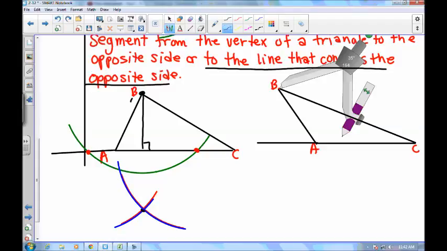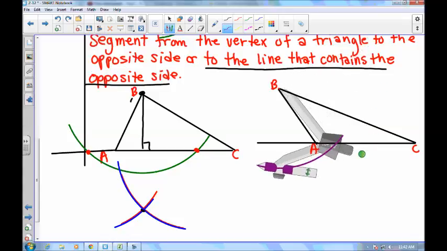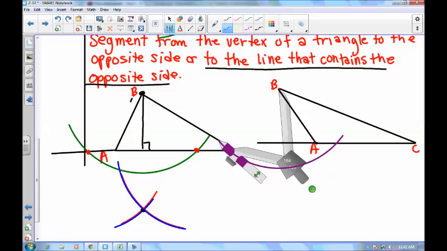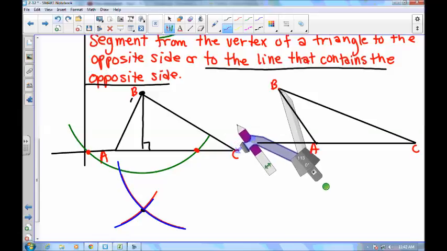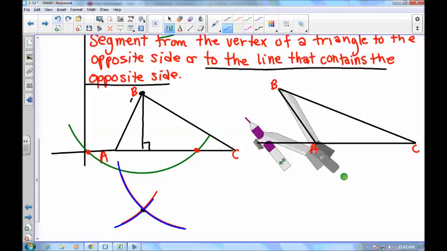Our opposite side is AC, and we've extended it, which is fine. Well, I totally missed mine. I guess maybe I should make it a little smaller. Or I need to extend my line a little bit. Yep, looks like I need to extend my line. Okay, that's all right.